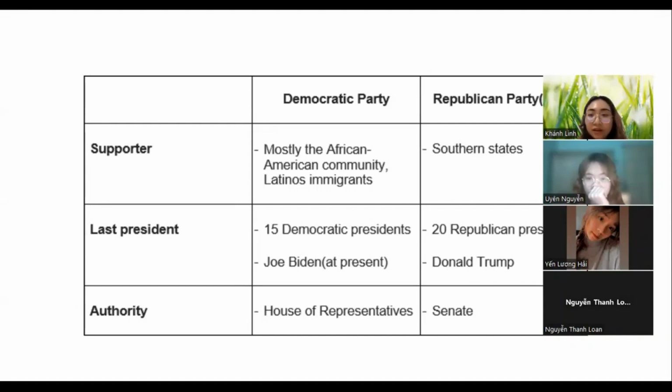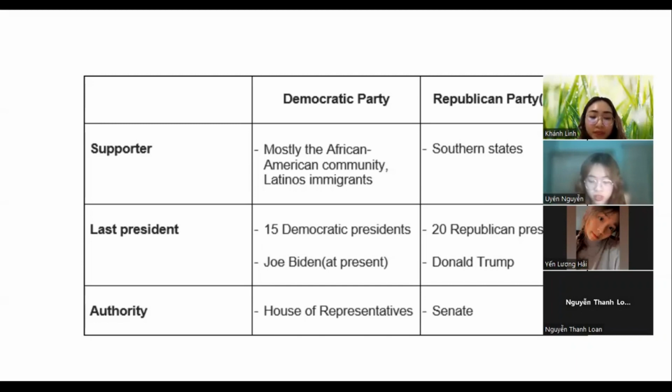About the Republican Party, because of its traditional tendencies, the majority of people of faith tend to favor Republicans. Southern states traditionally favor Republicans.